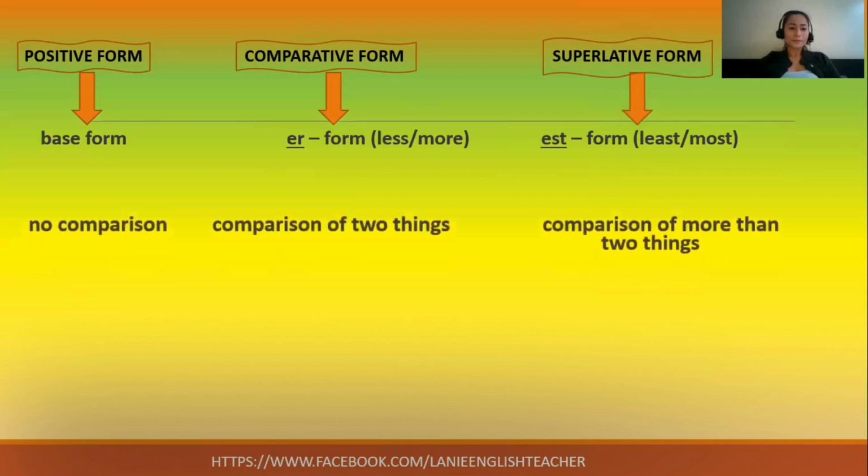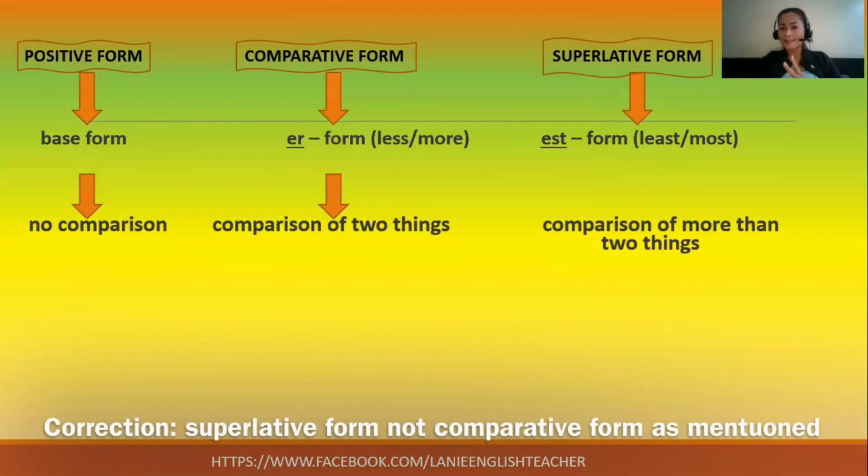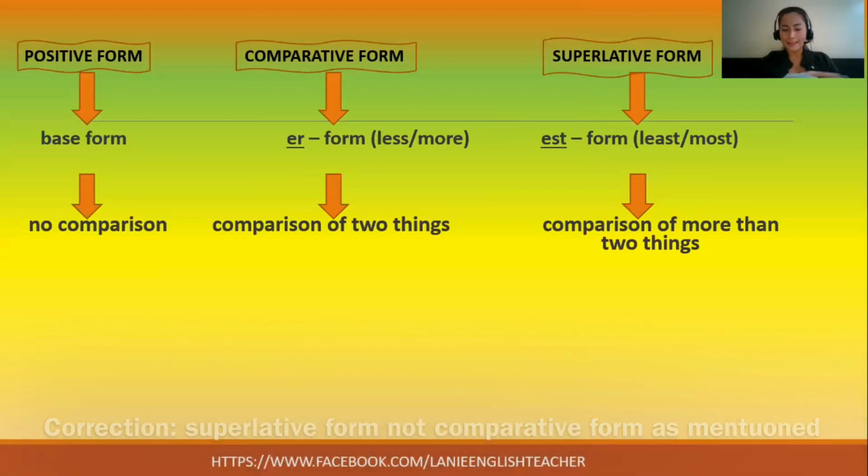Now, remember that in positive form, there is no comparison happening. In comparative form, there is a comparison of two things. And lastly, in superlative form, there is a comparison of more than two things. Take note of that.